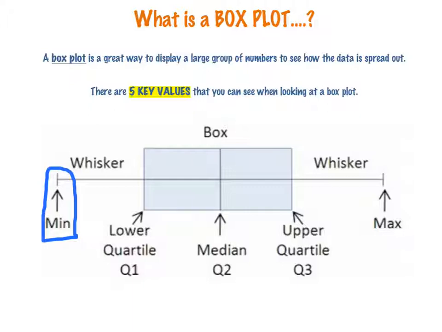So if you were saying on the previous page that one of those dots at the end of the whisker represented the lowest value, you would have been correct. If we go all the way to the other end of the graph, the last dot represents the maximum value or the highest number in the whole entire set.